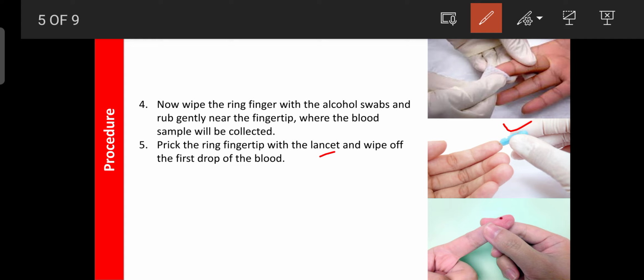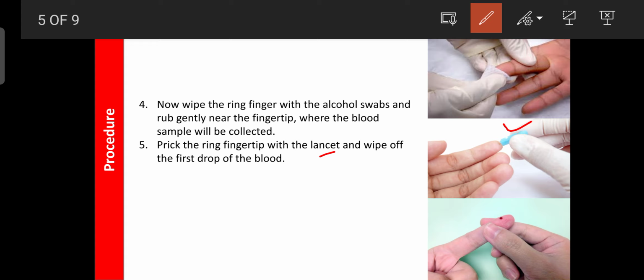you make a small prick on your finger to get one blood drop. The first blood drop can be discarded because it contains excess plasma. If you take it directly, there is no problem for the determination of blood group, but for WBC count and hemoglobin count we can get false results.